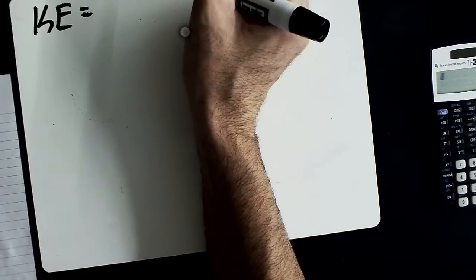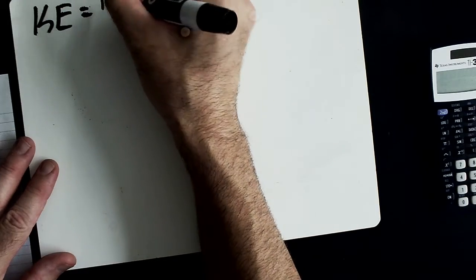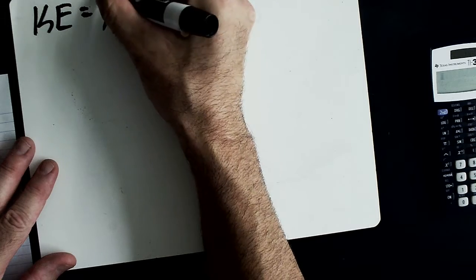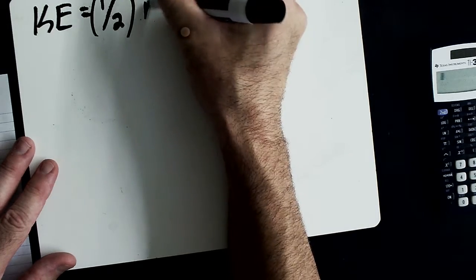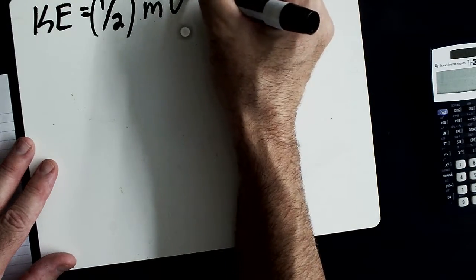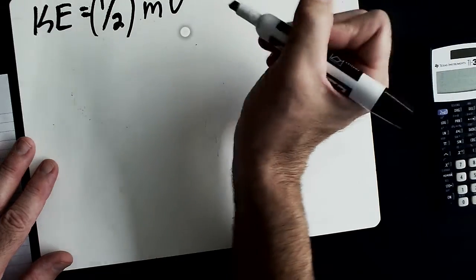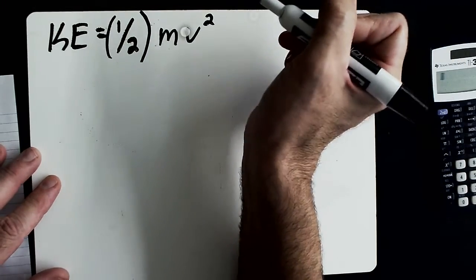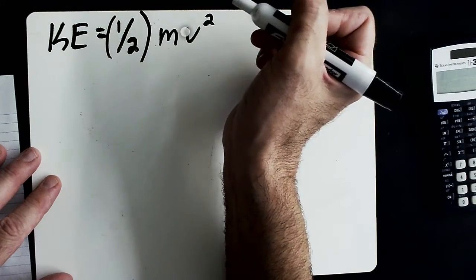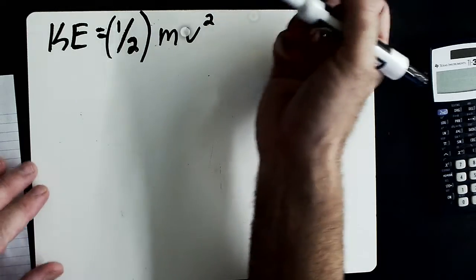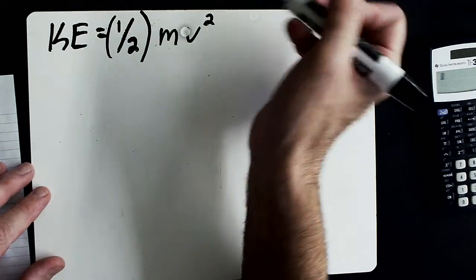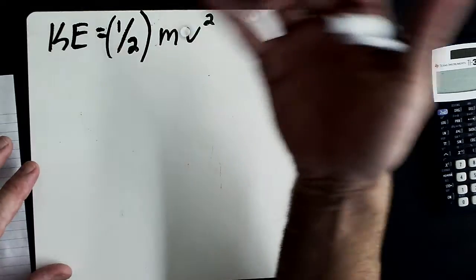They write it like this. They go 1/2 mass times velocity squared, which is fine. I mean, it's okay. I'm not super excited about doing it that way. You can do it either way. You can do it this way if you want.